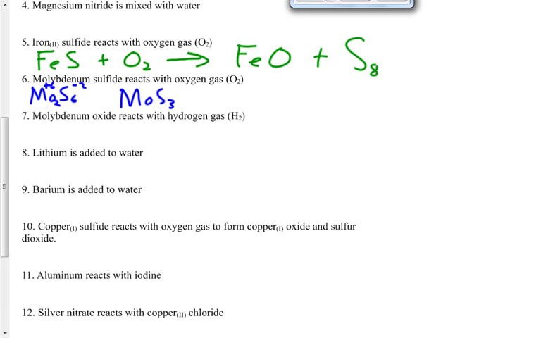Okay, one other one that's coming up here, guys. On number 7 and any other time where you see this happen, if an ionic compound is in a single replacement reaction with hydrogen gas, is hydrogen acting as a metal or a nonmetal? It's acting as a metal. All right. Why? Where does hydrogen appear on the periodic table?